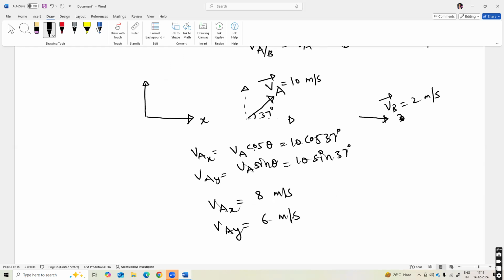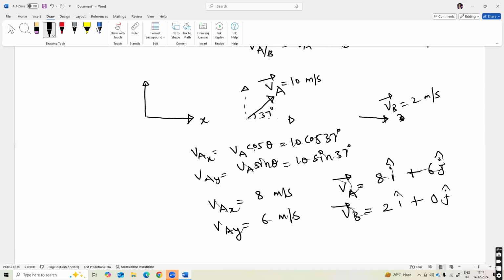So in terms of vector representation, you can write velocity of A as 8i plus 6j. And velocity of B, since it is only in positive x direction, has no component in y direction, so we can simply write it as 2i plus 0j.